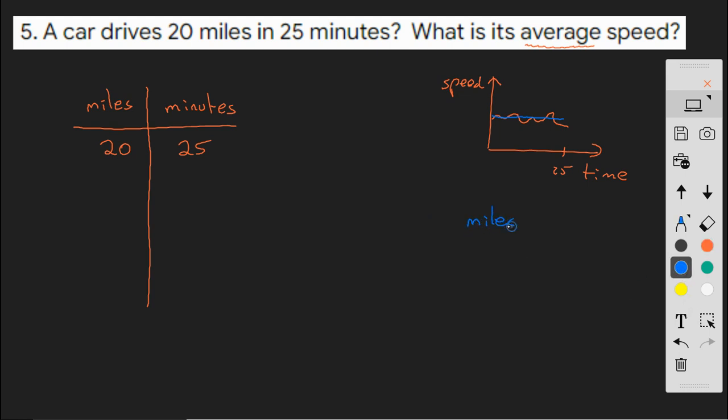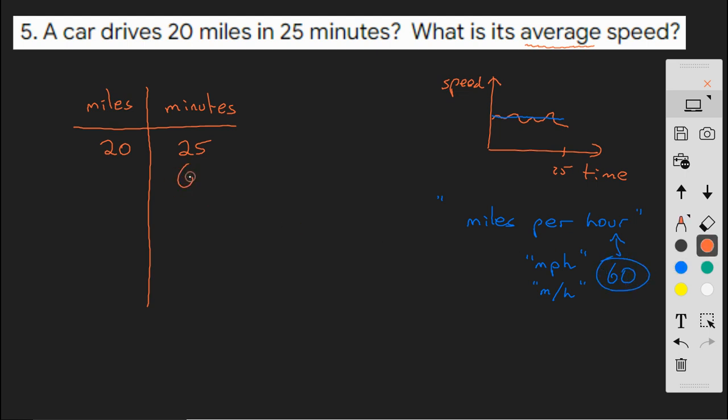They are miles per hour, MPH, or miles per hour. Okay, so that is how far do we travel in 1 hour. Now, of course, 1 hour is 60 minutes.